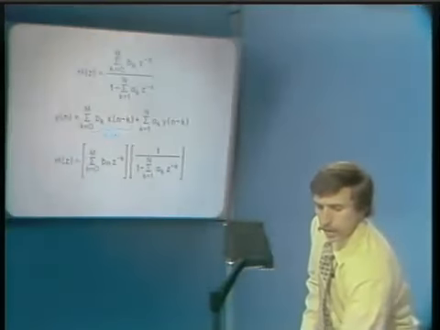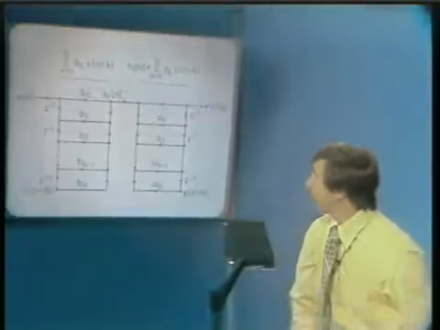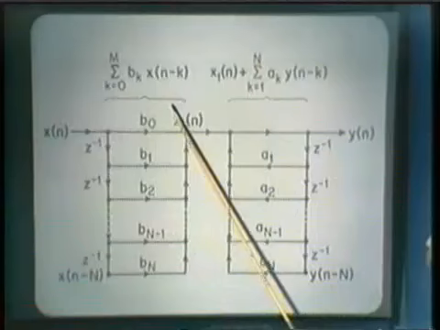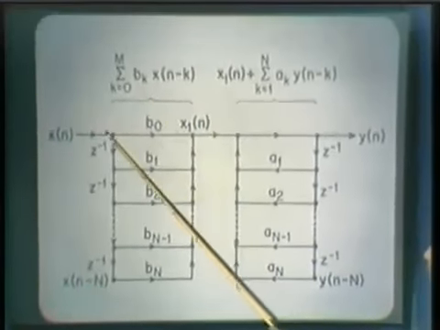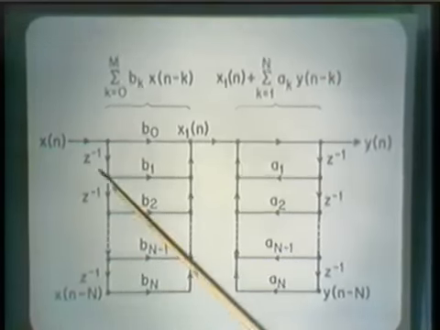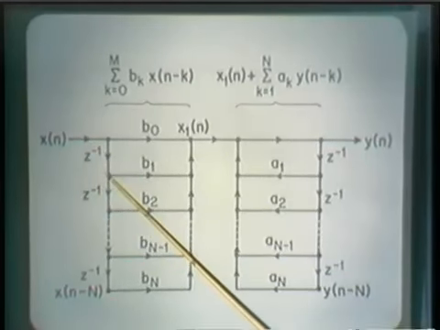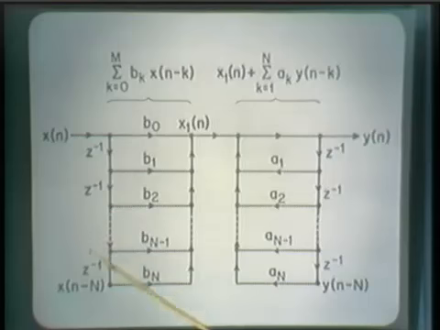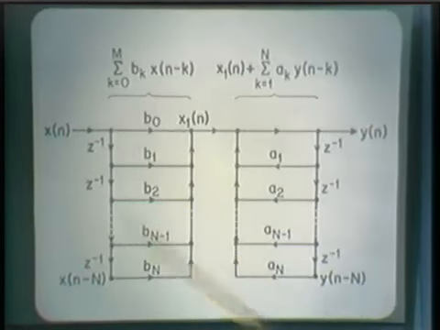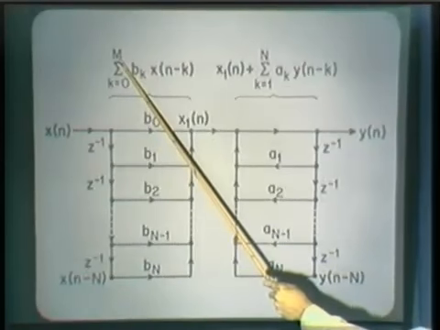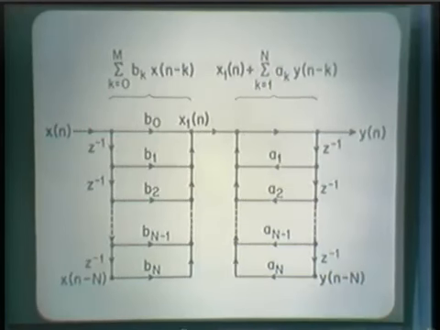Carrying that out, the digital network that results is, as I've indicated here, where we have, first of all, the linear combination of weighted delayed input values. So here is x of n minus 1, x of n minus 2, down through x of n minus capital N, where I'm assuming in drawing this that capital M is equal to capital N.